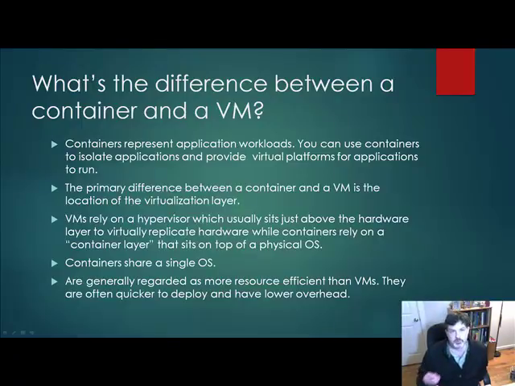I guess the crux of this really boils down to containers are going to share a single operating system, where virtual machines will have their own operating systems, and they're going to be relying on the hypervisor to virtualize their hardware components by negotiating those hardware components with physical hardware. So there is a large dissimilarity between the two.